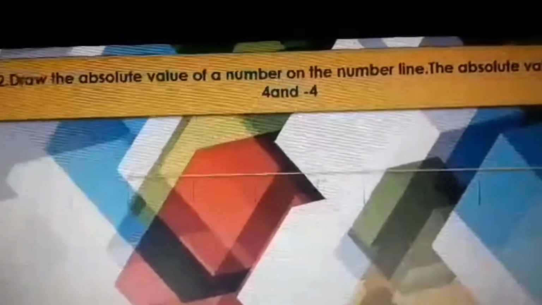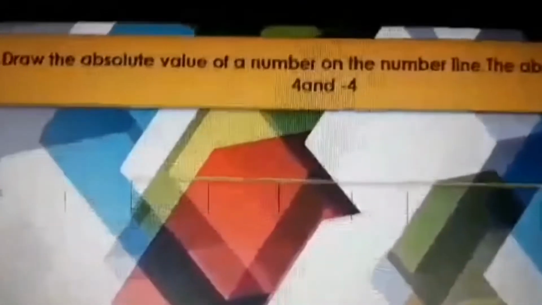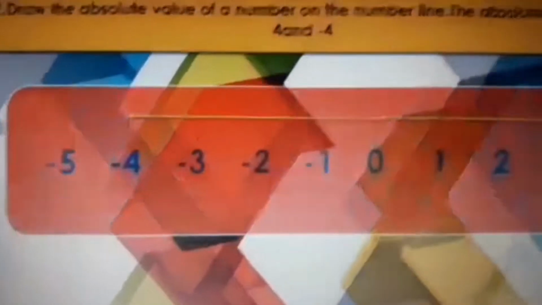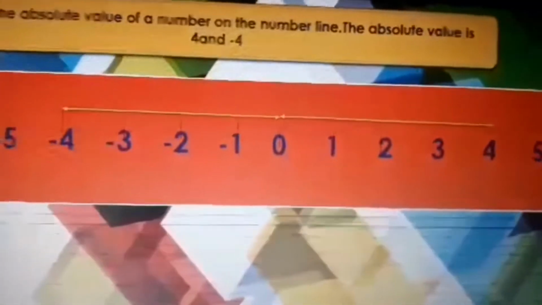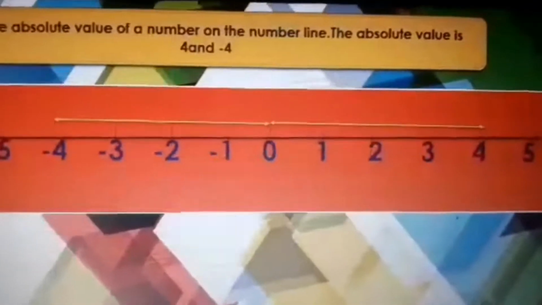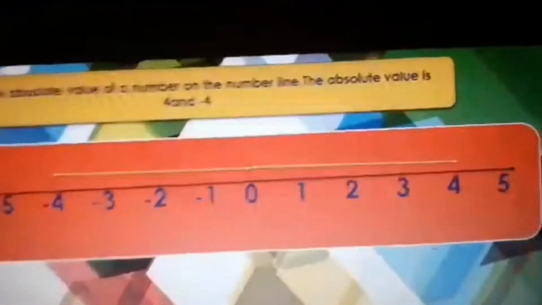Next, another example: draw the absolute value of a number on the number line. The absolute value is 4 and negative 4. So you draw or illustrate it the same way. We have here from 0 to negative 5, and 0 to positive 5.